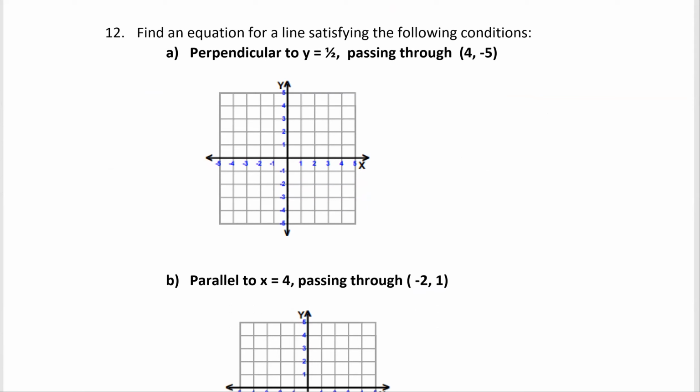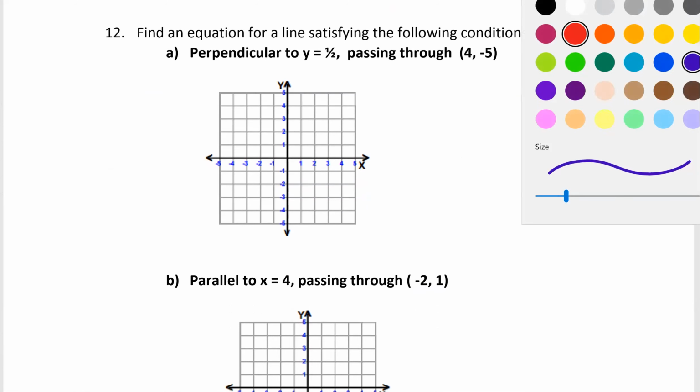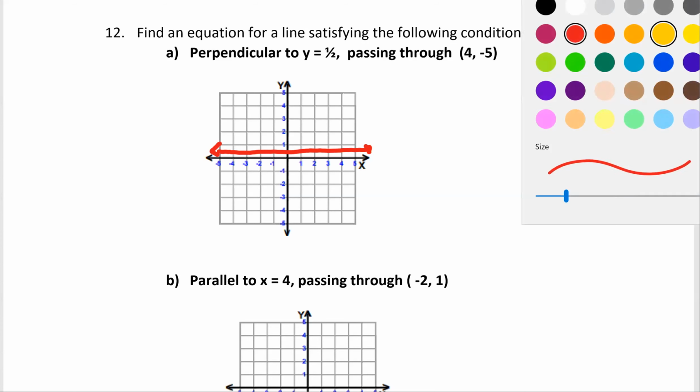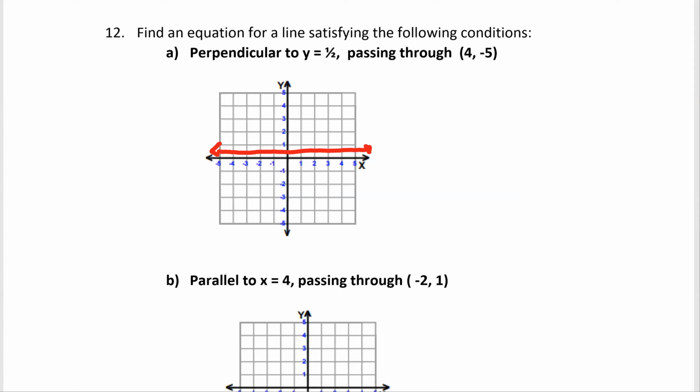So if I draw in the line y is equal to 1/2, what I want to find is the equation of the line that is perpendicular to that line that goes through the point 4, -5. So that line would be the yellow line I have drawn.